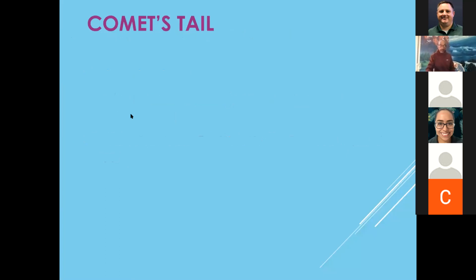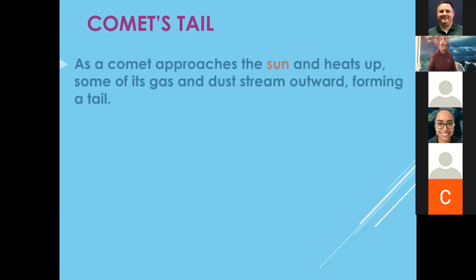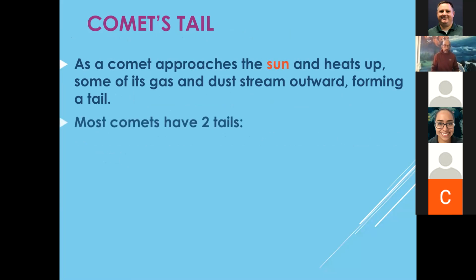The comet's tail. As a comet approaches the sun and heats up, some of its gas and dust stream outward, forming a tail. Most comets have two tails. One made up of gas, the ion tail.